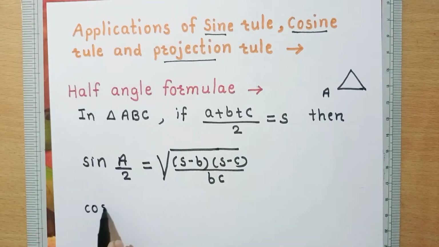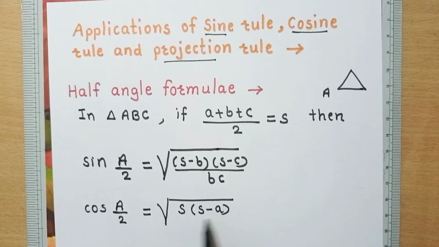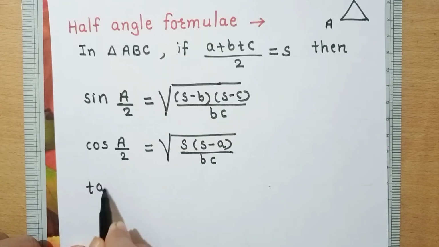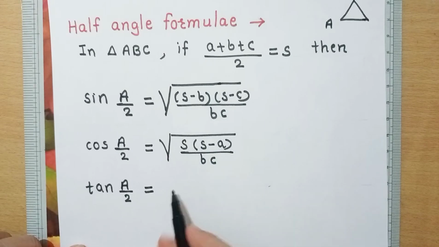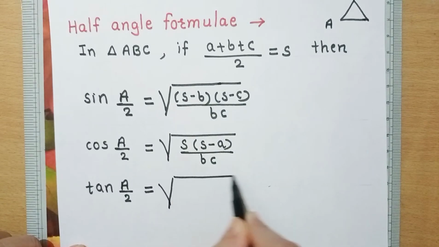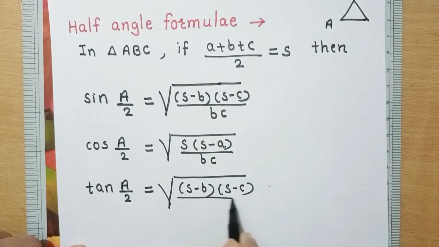For cos of A by 2, again under root, first write s, then s minus this side a, upon the same denominator bc. And tan of A by 2 is sin upon cos, so the denominator gets cancelled, and we simply write the numerator of sin A by 2, s minus b, s minus c, upon the numerator of cos A by 2.